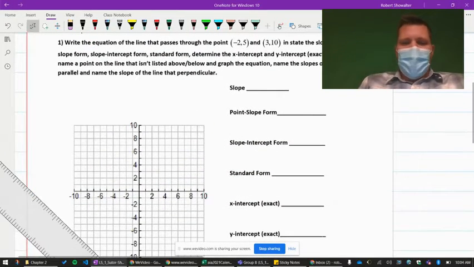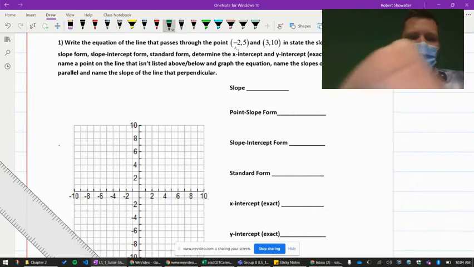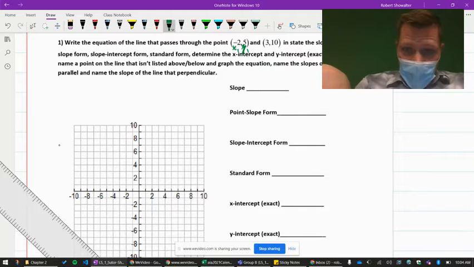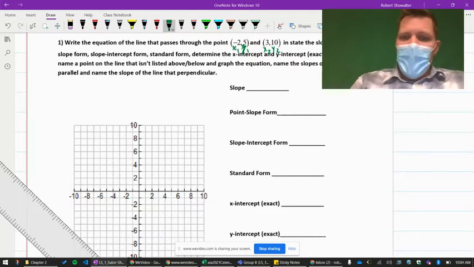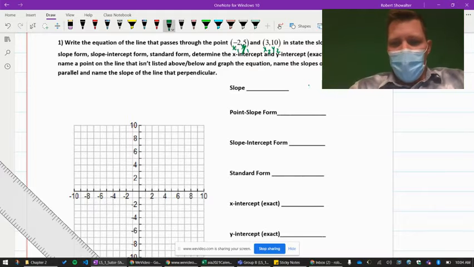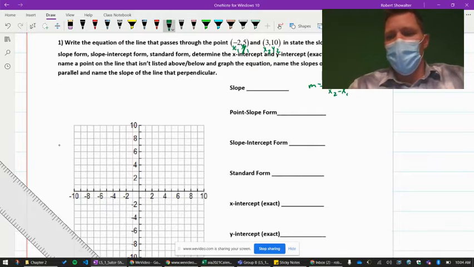All right, so we have 2 points, (-2, 5), and we're writing the equation of a line. Whenever we do this, I highly recommend some labeling here: x1, y1, x2, y2. And whenever we go to calculate the slope, I highly recommend writing down the slope formula. This allows you to just plug and chug.